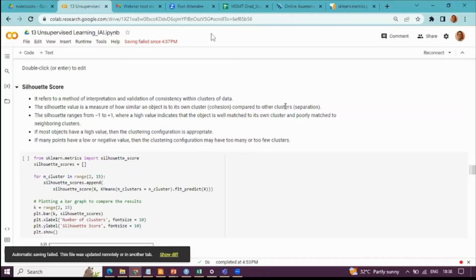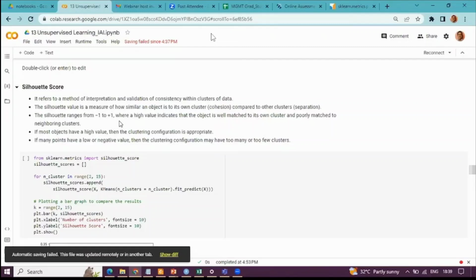Both are important. Within the cluster, they should be very, very close to each other. Between the two clusters, they should be very, very far off from each other. Silhouette score ranges from -1 to +1.